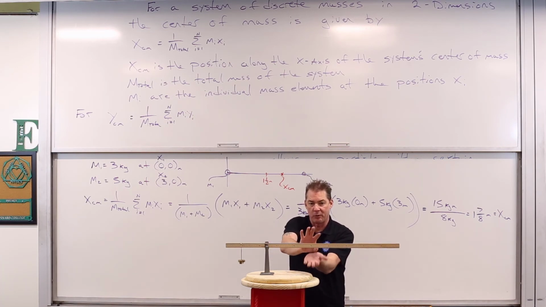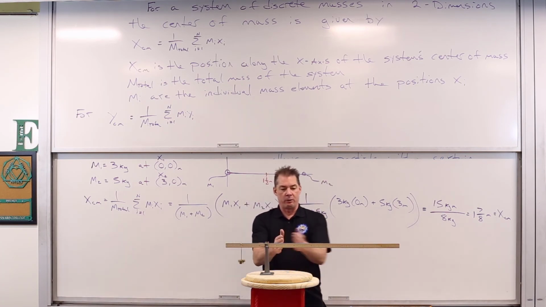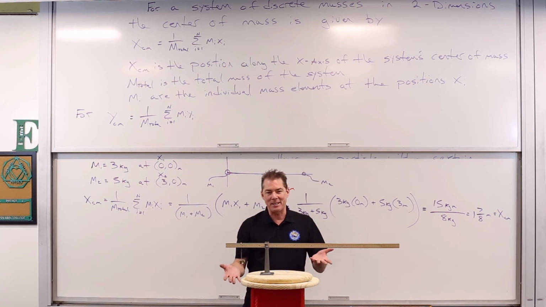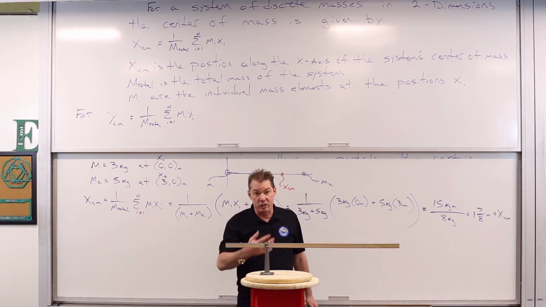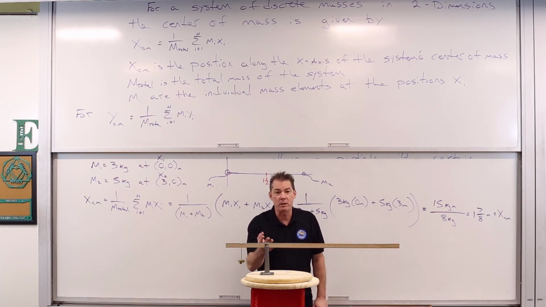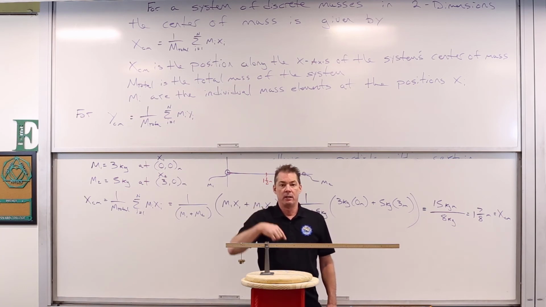This one's producing one torque, this one's producing another torque. Now, they're different radial distances away and they're different masses, but that's how torque works out, right? It's not just the mass, it's not just the force, it's where the force is being applied: the radial distance away from the axis of rotation.